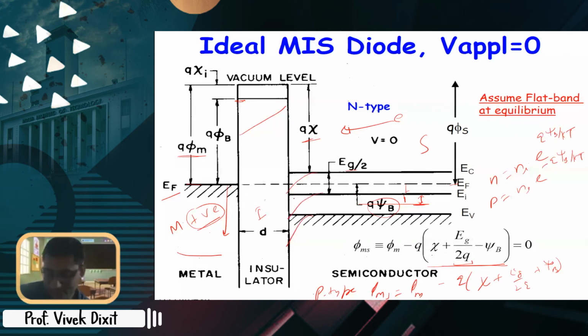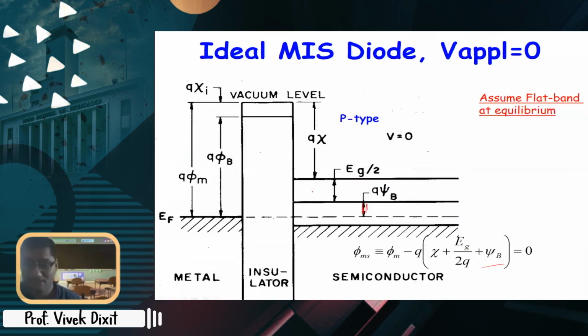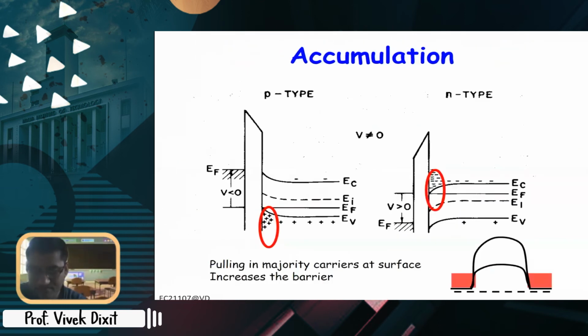Correct. And the same thing you can have for p-type. So for n-type, you apply positive voltage, the Fermi level goes down, and because this is positive, this is negative, so this will be the direction of the field. So in the direction of the field, potential decreases, so minus QV energy increases, right?